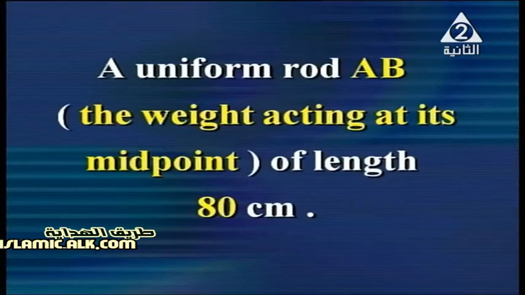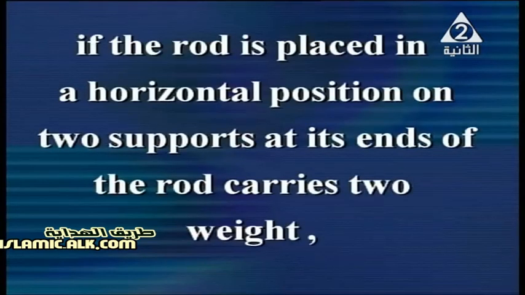A uniform rod AB, with its weight W acting at its midpoint, has a length of 80 centimeters. The rod is placed in a horizontal position on two supports at its ends and carries two weights.